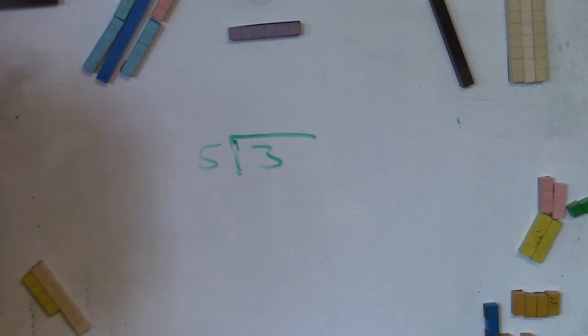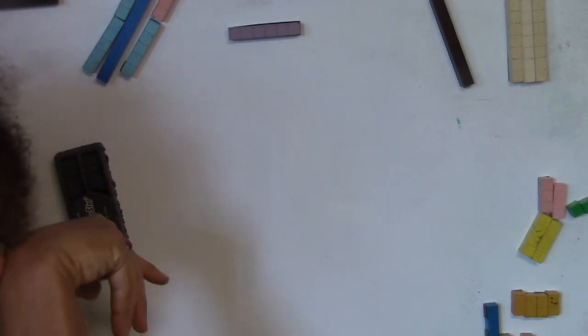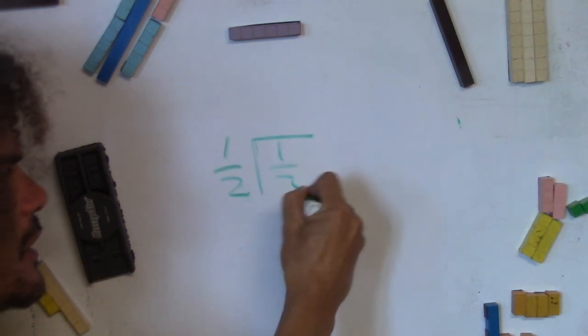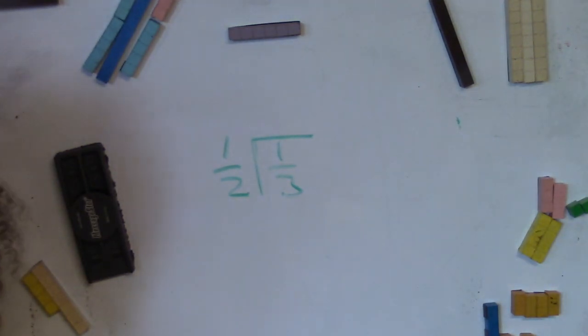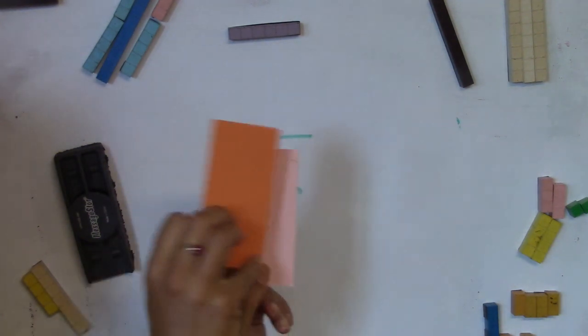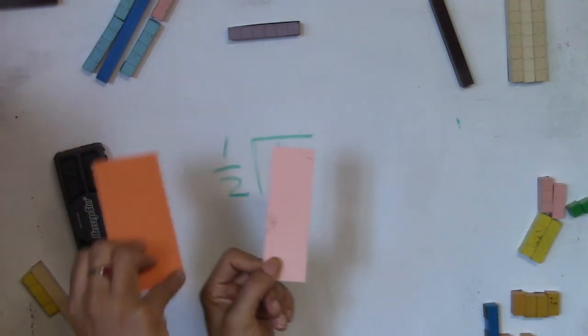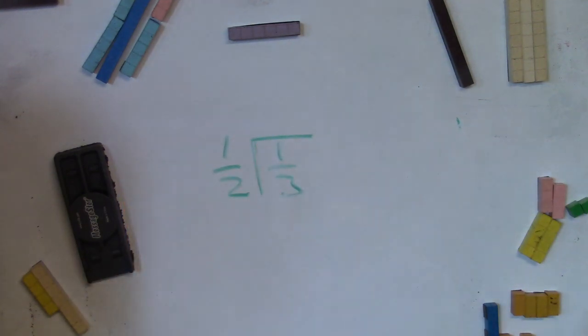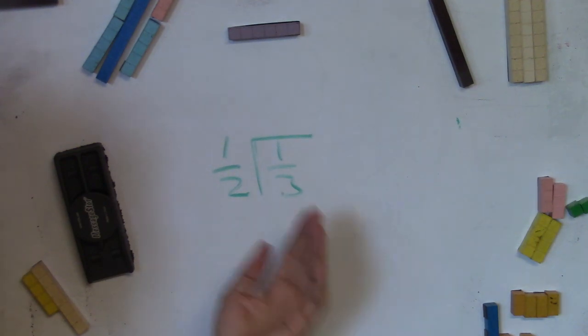Okay, now what if we did it with fractions, though? Let's say I want to count how many halves are contained in a third. Well, once again, I can't count halves out of a third because a half is bigger than a third. It is 1/2 of a third. Alright, so here's what we have to do. We're going to make them the same.